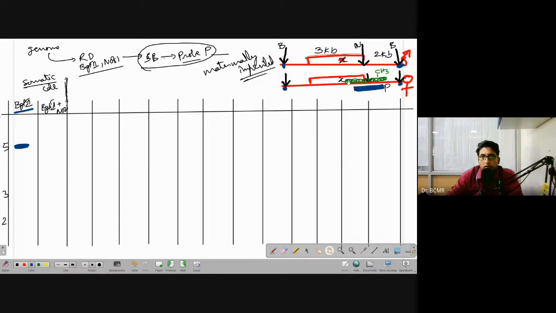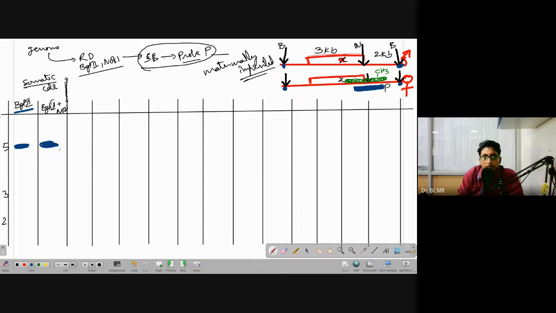BGL2 will cut here, and NOT1 cannot cut here because this region is protected by the methylation, and NOT1 is methylation sensitive. And BGL2 will cut here. So from the maternal allele, we'll get a 5 kb fragment. From the paternal allele, we'll get a 2 kb fragment and a 3 kb fragment. So that's what we can write.